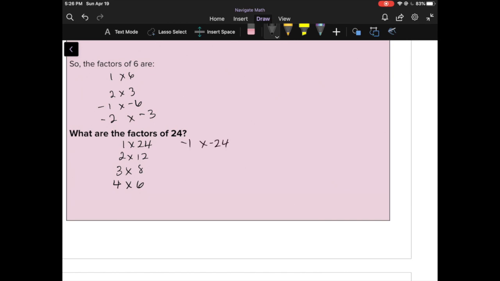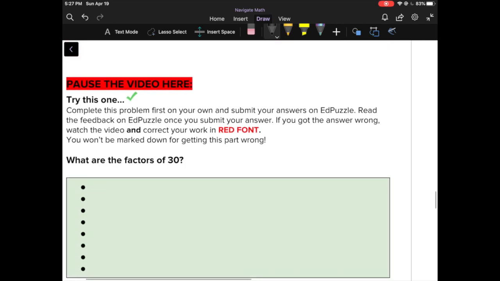I can also do negative 1 times negative 24, negative 2 times negative 12, negative 3 times negative 8, or negative 6 times negative 4. All right. All of these are factors of 24.